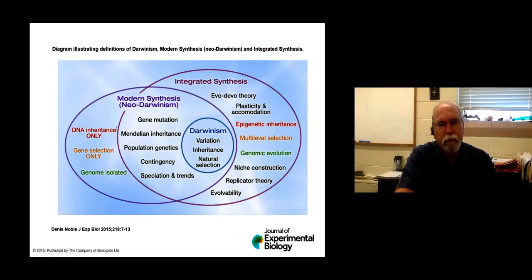Unfortunately, this is what's out there in most general textbooks. It's certainly the model that you'll find out there and in popular literature and that sort of thing. But as biologists and people that think about this, and certainly in population genetics, this can be moved over to this side. We really think more in terms of plasticity. We think about multi-level selection.